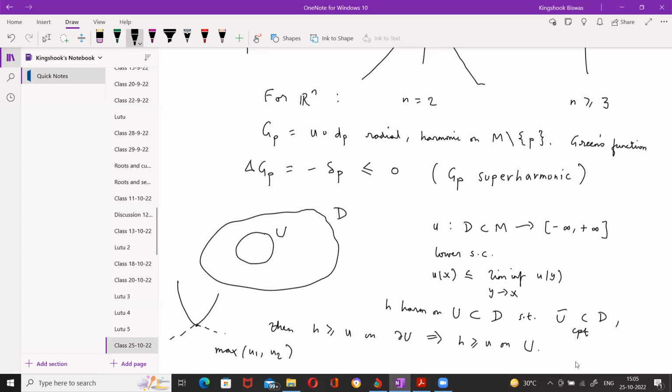But I think that the general definition of subharmonic would be that either you can give it in terms of comparison with harmonic functions, or you can say the distributional Laplacian is a positive measure. I think these two are equivalent, but I have to look this up. I'm not sure.